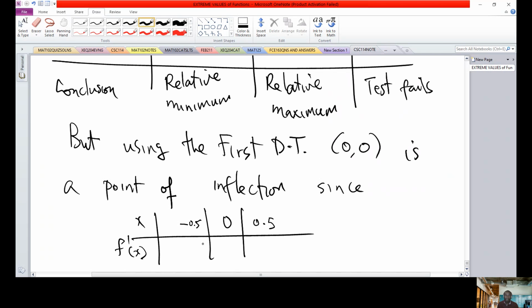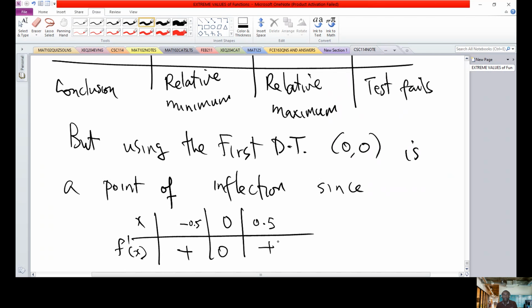When you put negative 0.5 into the derivative, we'll have 15 times a square into 1 minus a square, which is positive. And then 0.5, so 15 times a square into 1 minus a square, still positive.